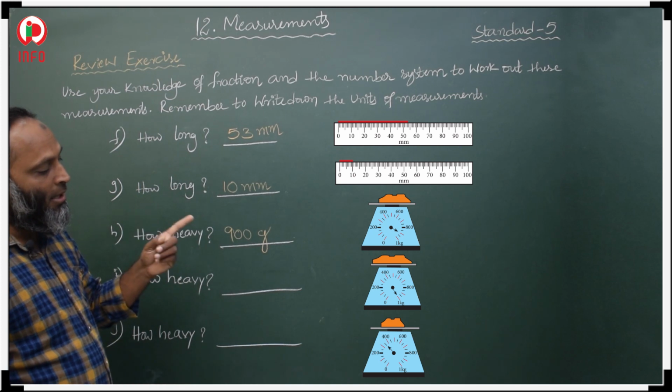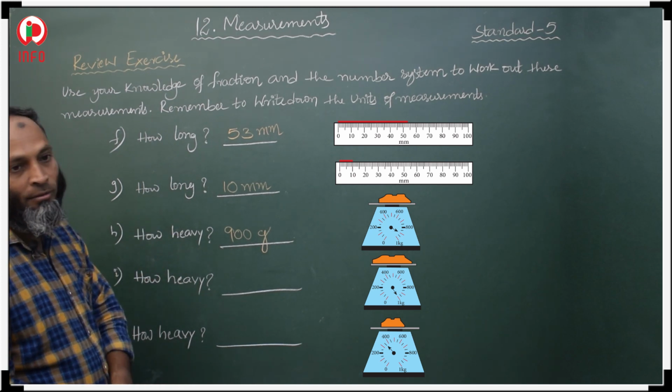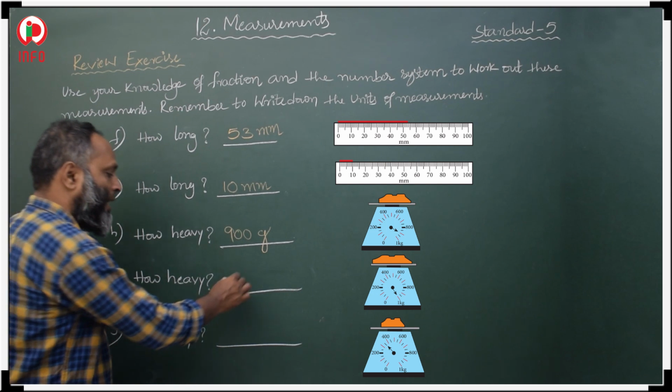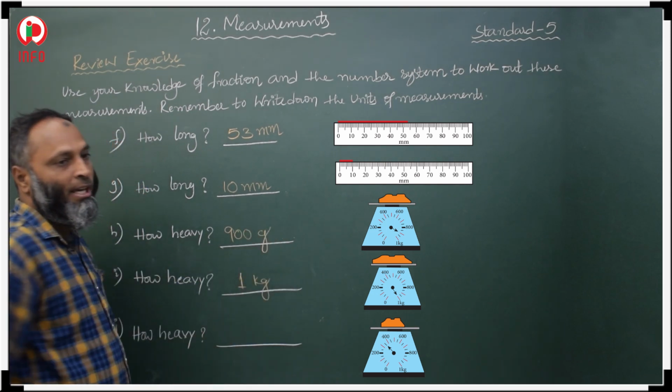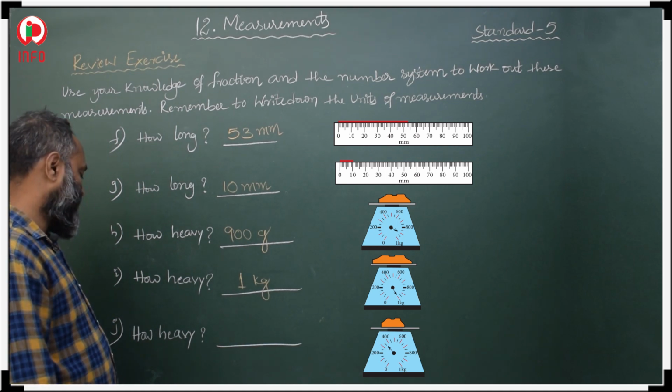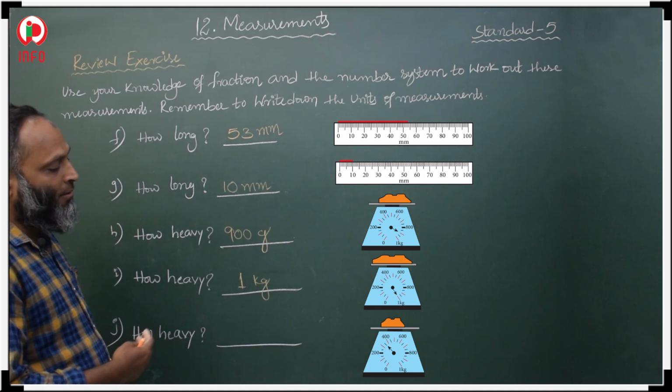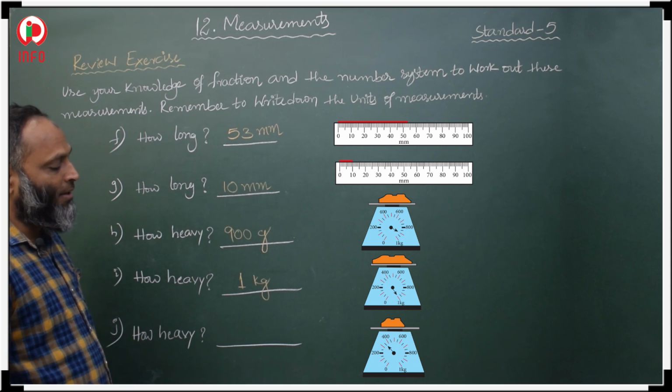Now, in the next one, how heavy is it? Here the arrow is exactly on 1 kg, so we can directly take 1 kg weight. Then at last, what is the weight given?